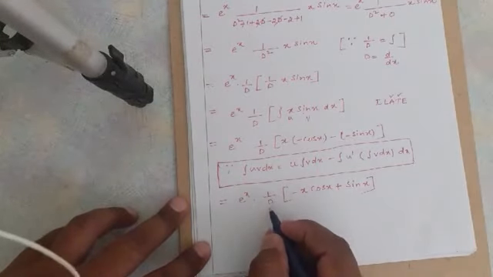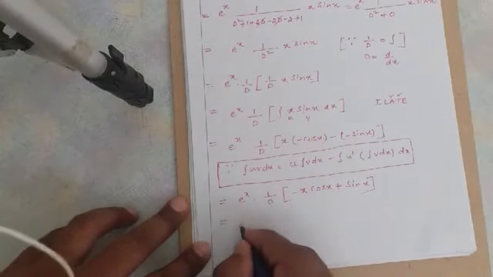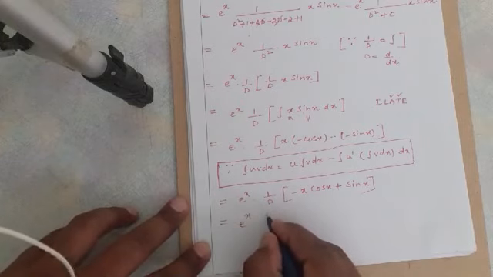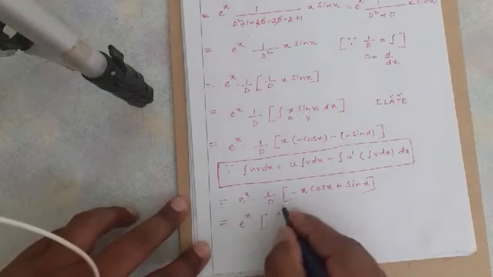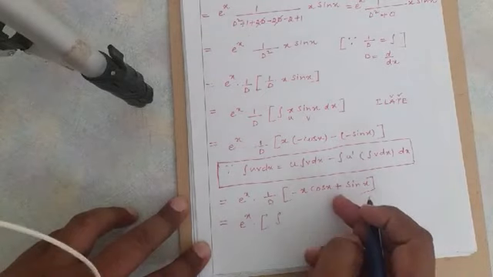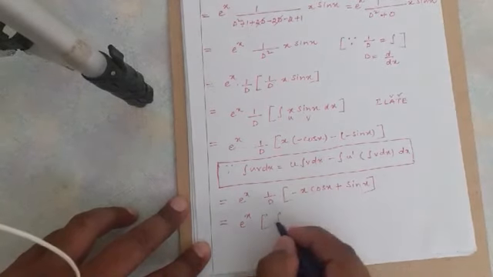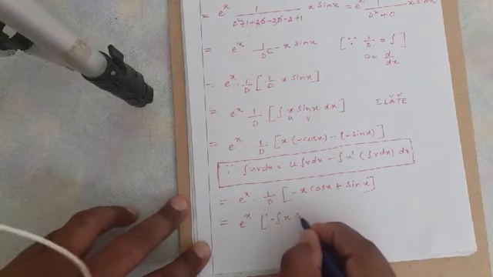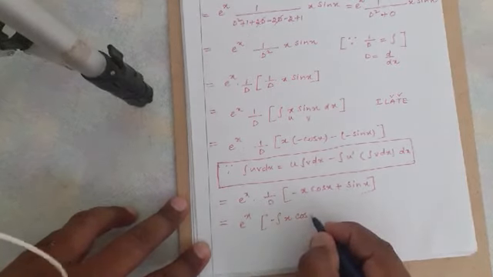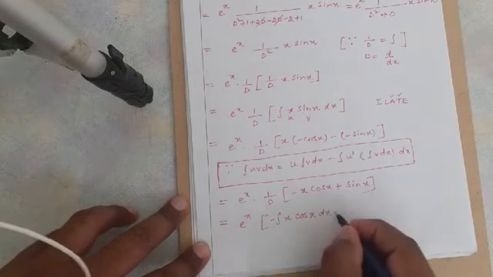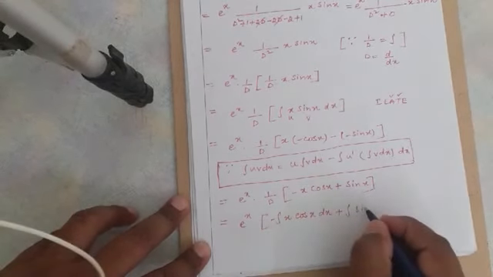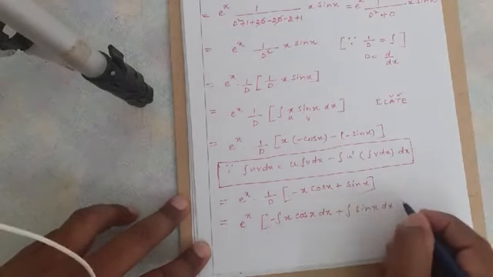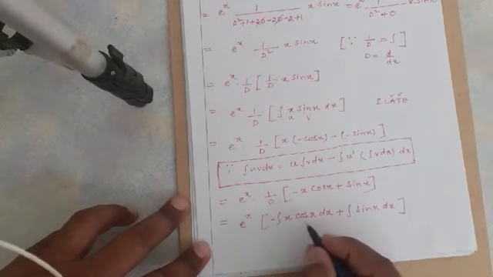So e^x integral of, I can write separately, minus outside, x cos x dx plus integral of sin x dx. Again here you have to apply the integration by parts formula.